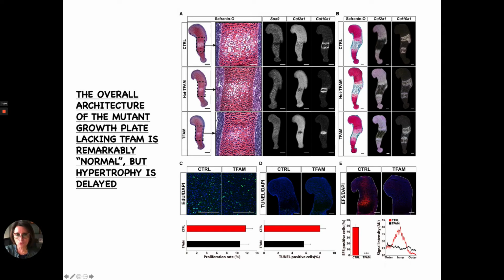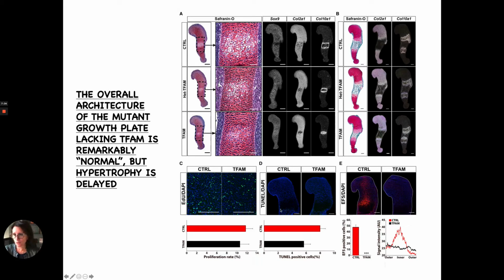Now, if you look a little bit into details, you see that hypertrophy in the mutant limb is delayed. Hypertrophy is the terminally differentiated stage of chondrocytes in the developing growth plate. But proliferation rates are normal within the growth plate. The physiological death at the border between cartilage and primary spongiosa is preserved in the mutant chondrocytes.